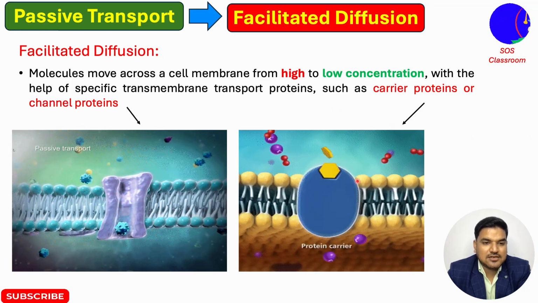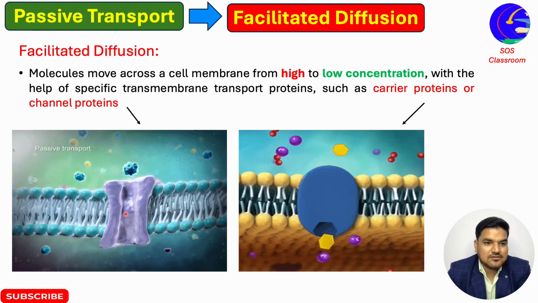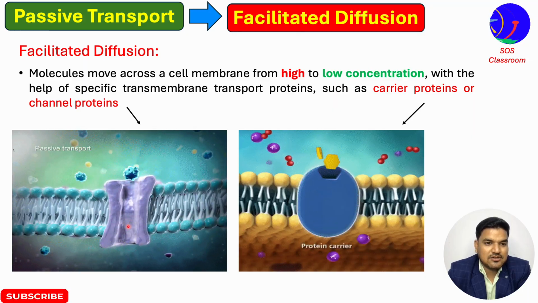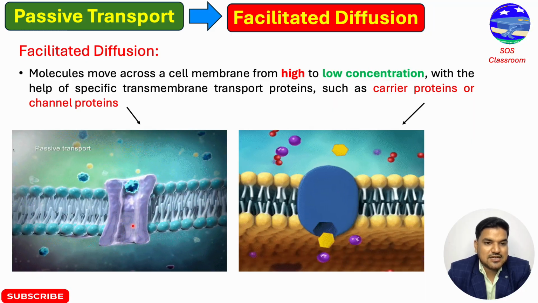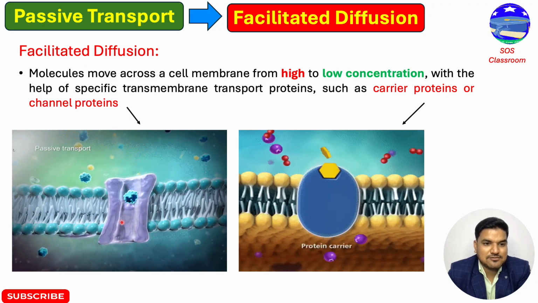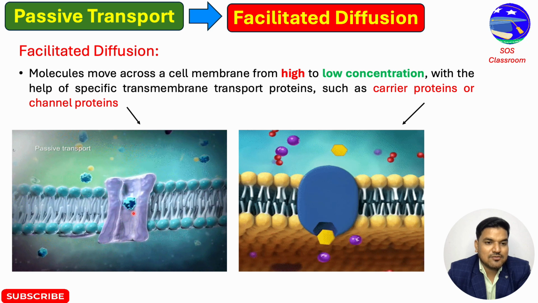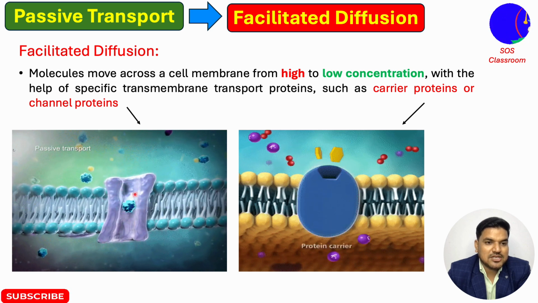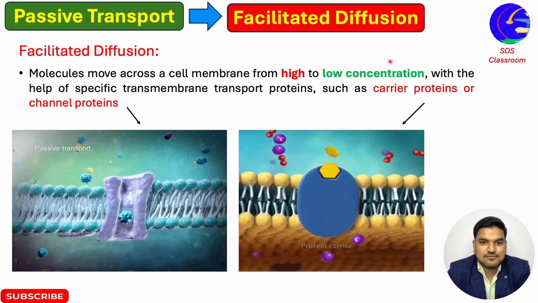Channel protein and carrier protein. In the channel protein there is a tunnel, or channel, and molecules transfer from the extracellular fluid to the inside, into the cytoplasm, without the use of any energy, but with a special facility provided in the form of different types of protein. Here is the channel protein. So this is called facilitated diffusion.